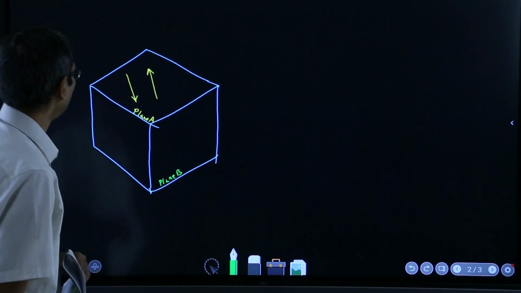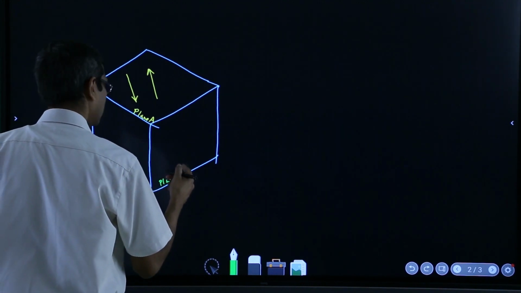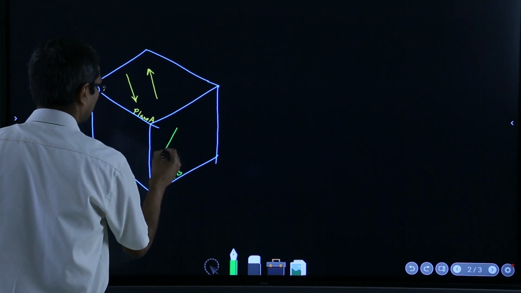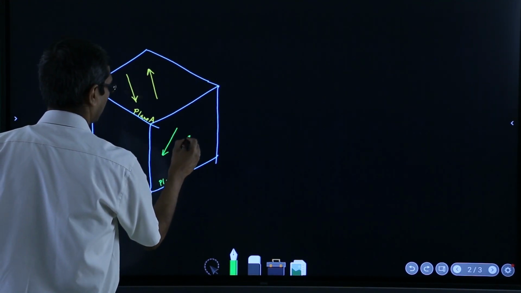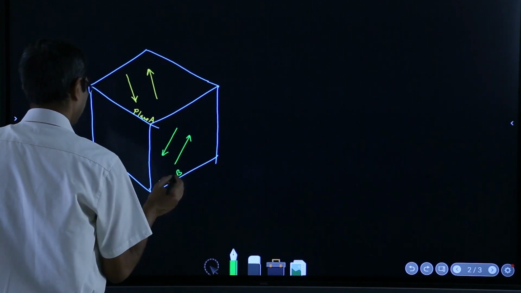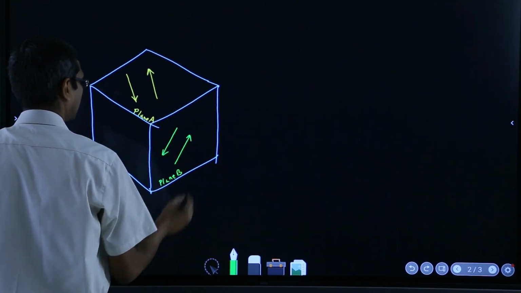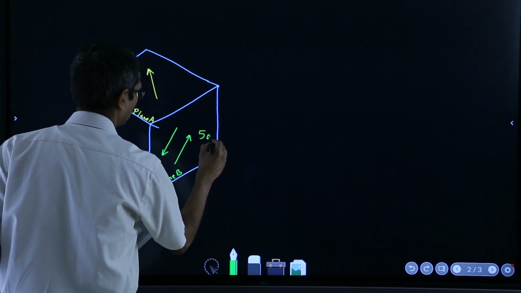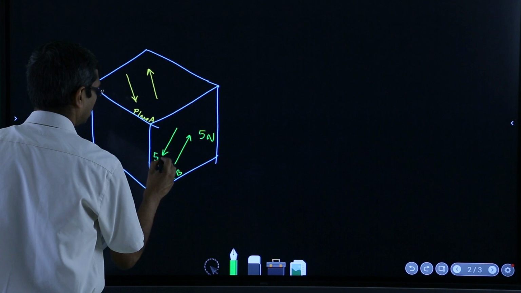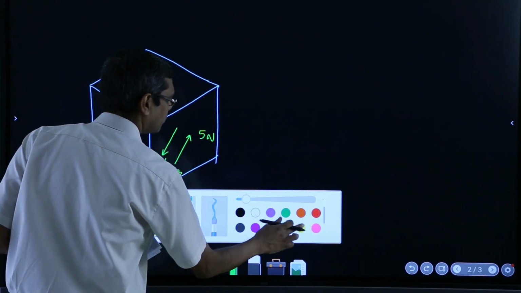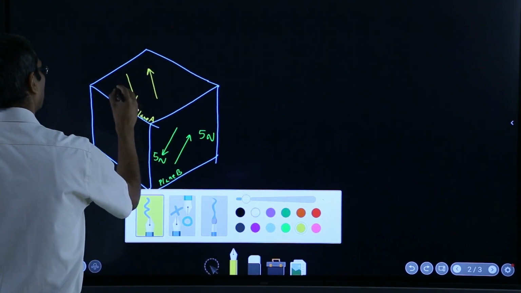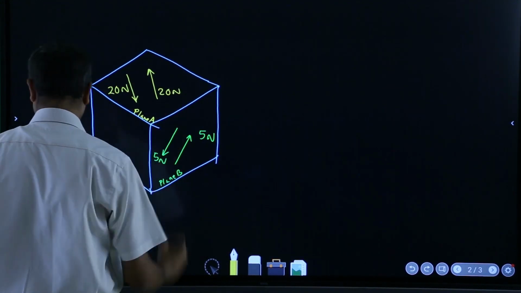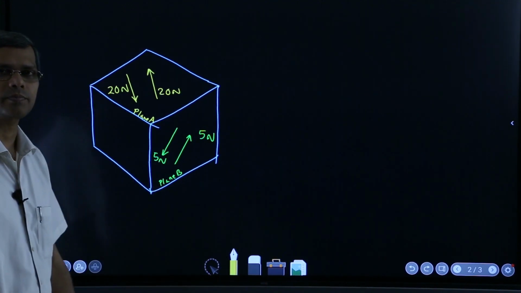It's okay. Now assume that on this surface we have another couple which is this and this, like that. Okay, and the forces here, let's assume, are 5 units, say newtons, and 5 newtons this side, and here the forces are maybe 20 newtons and 20 newtons.